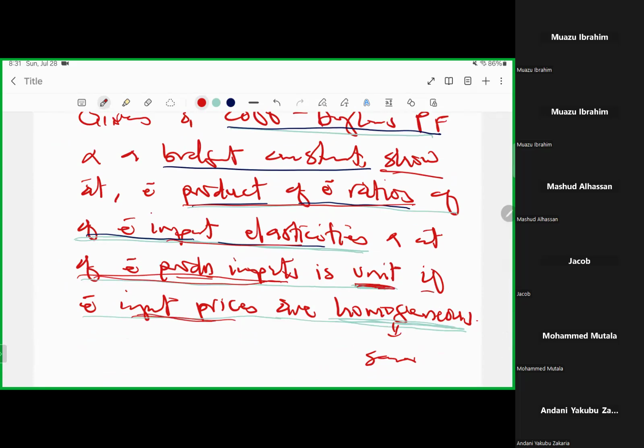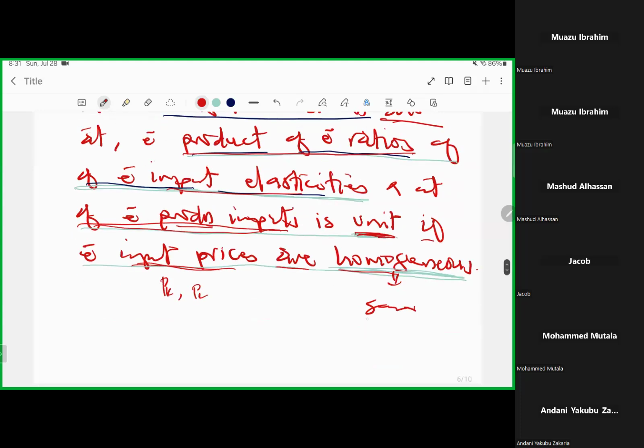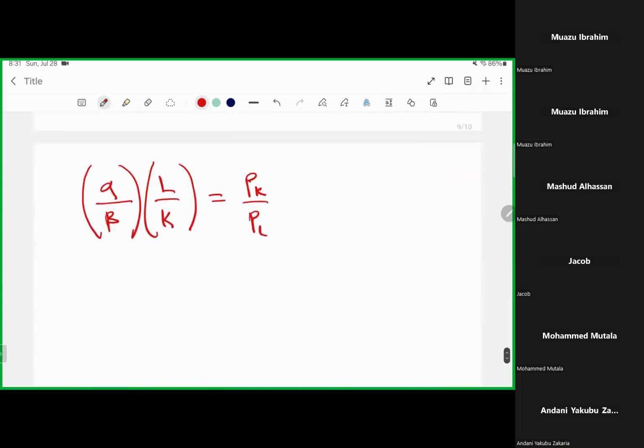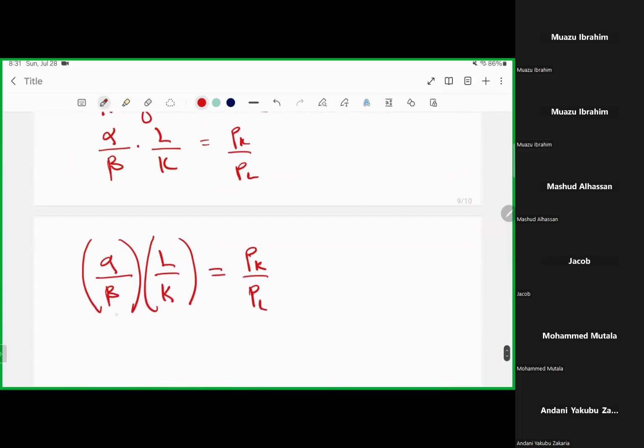If the input prices, and what are the input prices? PK and PL. If the input prices are homogeneous, and it is homogeneous if they are the same. So you realize that here we have the ratio of the product of the input elasticities, this is capital, this is labor.